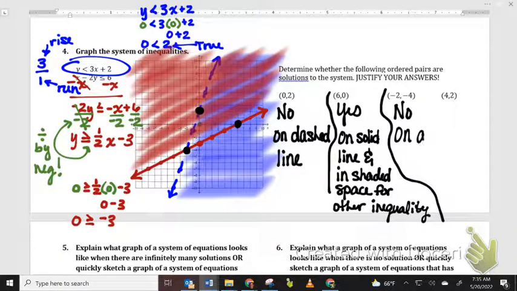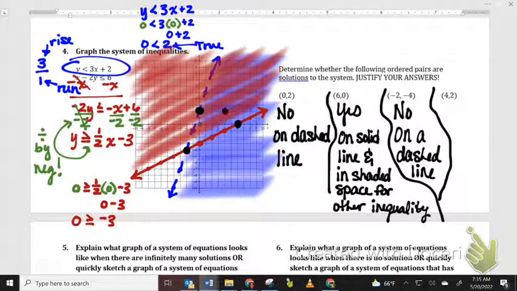It's on a dashed line. All right, and then 4, 2. What do we think of that one? In both shades. Yes, it is in the double shaded space.